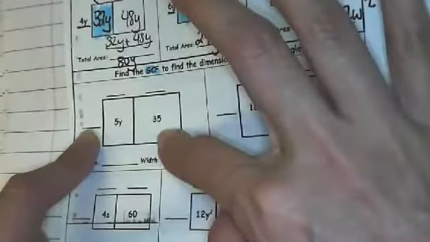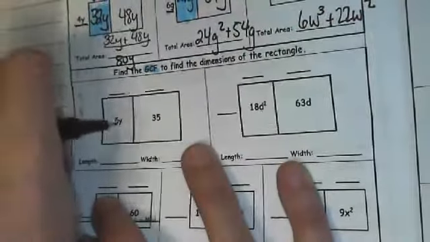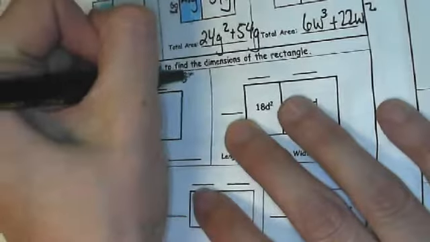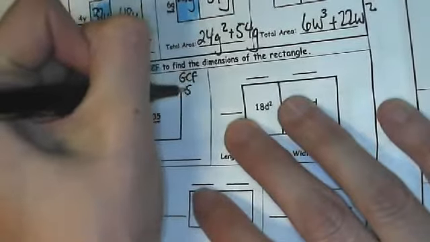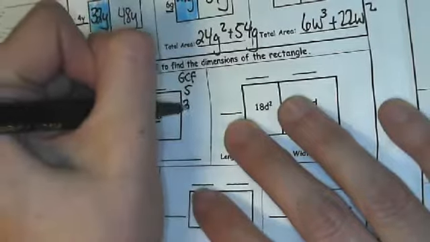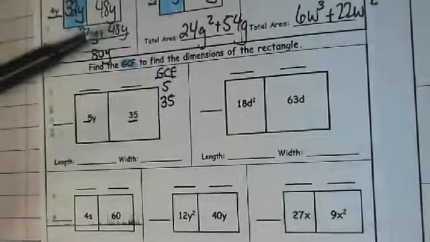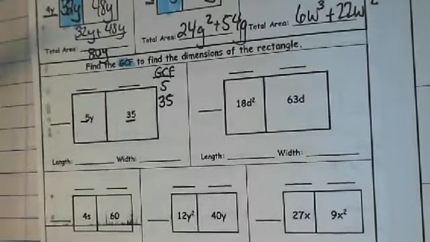If I look at 5 and 35, I need to find the GCF of 5 and 35. In other words, what factor goes into both 5 and 35 that's the greatest common factor? Well, 5 goes into 5, and 5 also goes into 35.